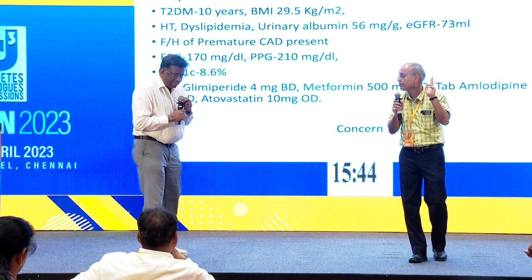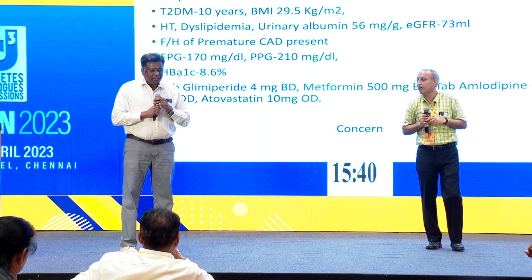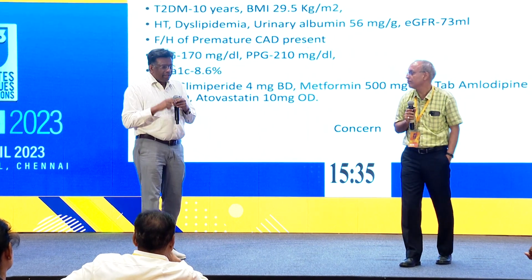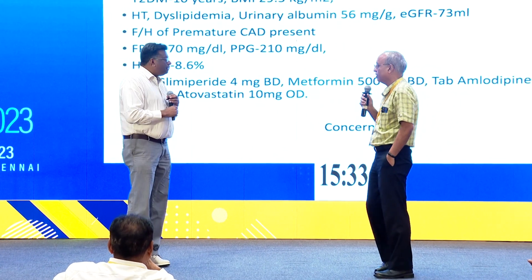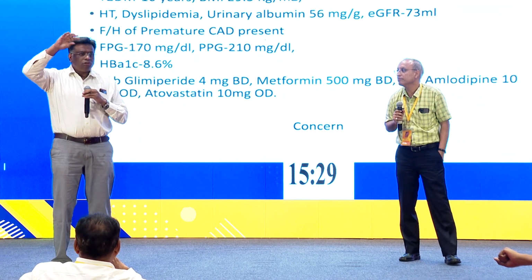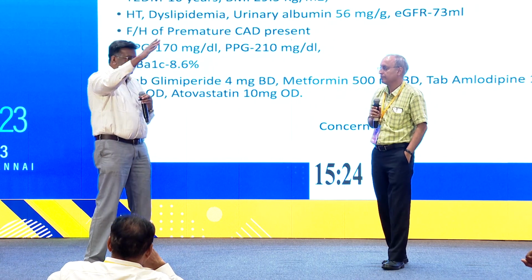So Rajesh is right that in all the guidelines other than the Israeli Diabetes Federation guideline, they don't mention BMI. And BMI is a very important criterion. Israelis are the only people who mention BMI. They don't talk about HbA1c. They first segregate phenotypes of patients based on BMI.